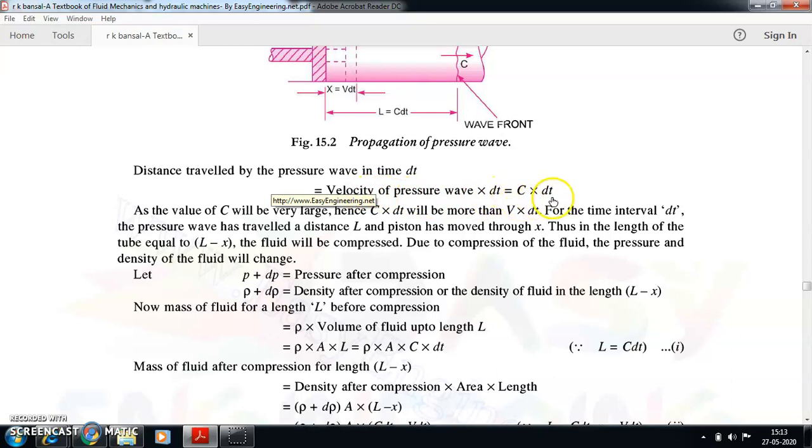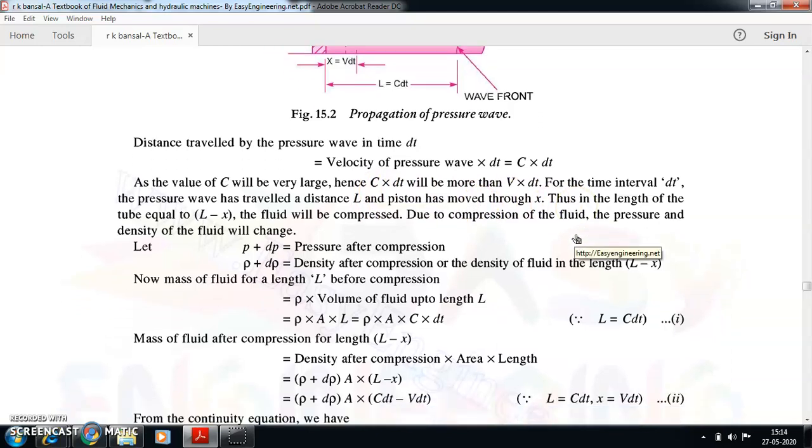So c dt is the distance traveled by the pressure wave. C is a very large number, so c dt is going to be much larger compared to V dt. Capital V is going to be very small compared to capital C. One important thing to keep in mind.